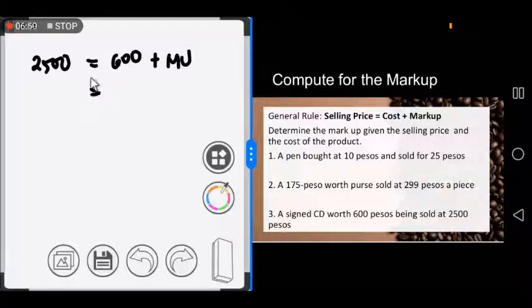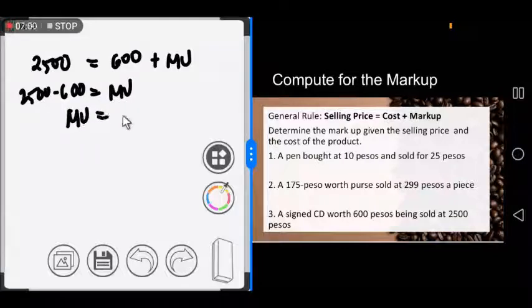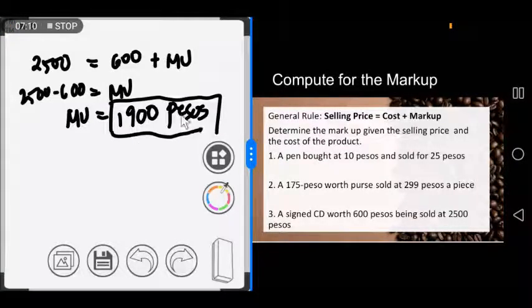So, subtracting: 2,500 minus 600 is equal to our markup, which is equal to 1,900 pesos. Okay? So, ganyan lang kadali maghanap ng markup kung ang given ay selling price and cost.